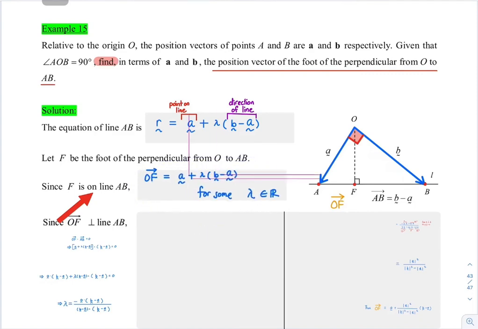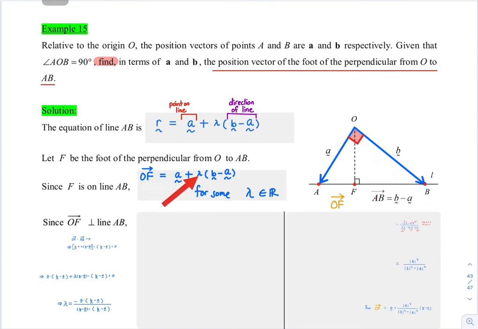Now our objective is to find the position vector of the foot of perpendicular, that means this point F. In this representation, the position vector of F is A plus lambda times B minus A. So this lambda is not known. One unique value of lambda will describe this particular point F such that OF is perpendicular to this line L. So we are very interested now to find what lambda is.